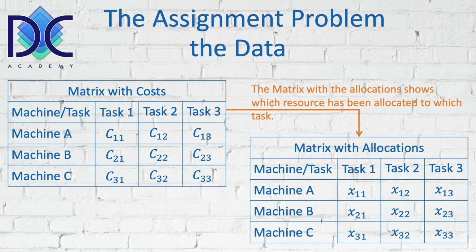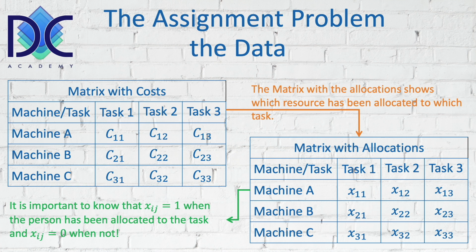So in the cost matrix we have C11, C12, C13 for row 1. For row 2, we have the cost C21, C22, C23, and so on. And we also find the same for the variables Xij for the allocations of the resources to the different activities.